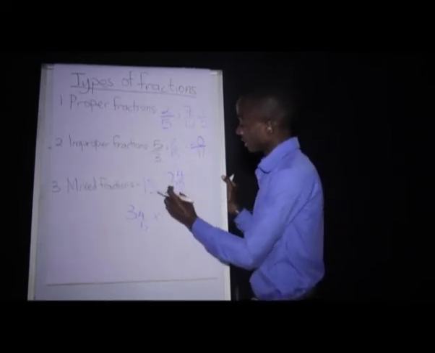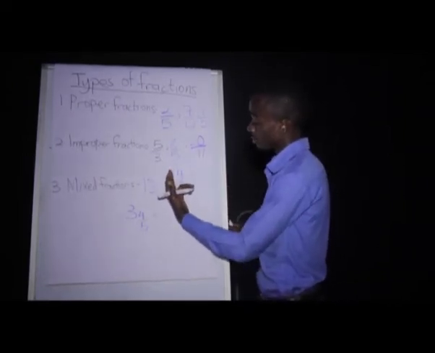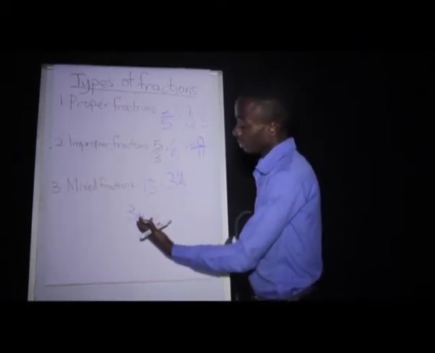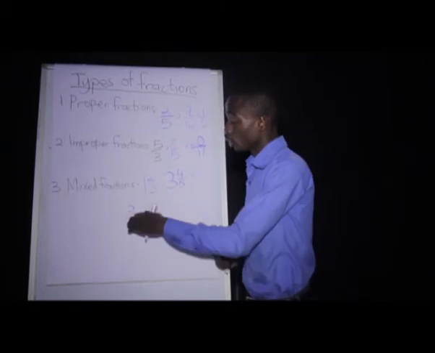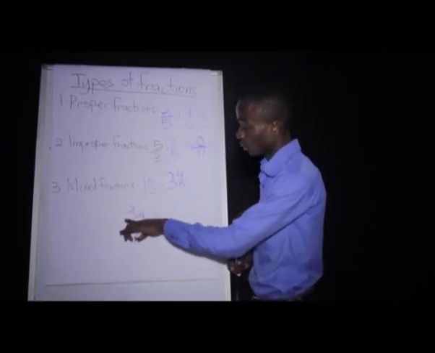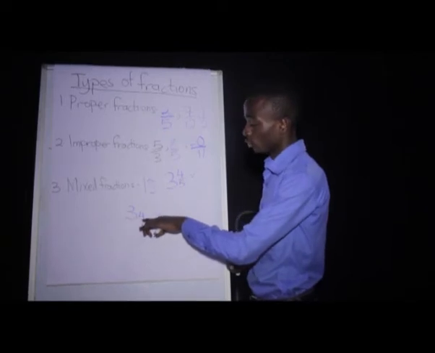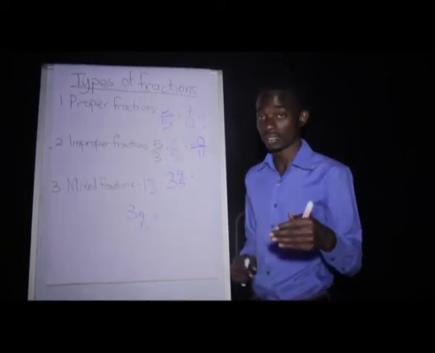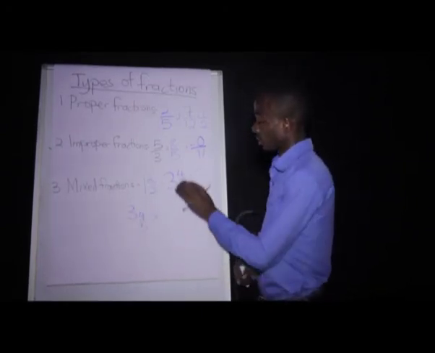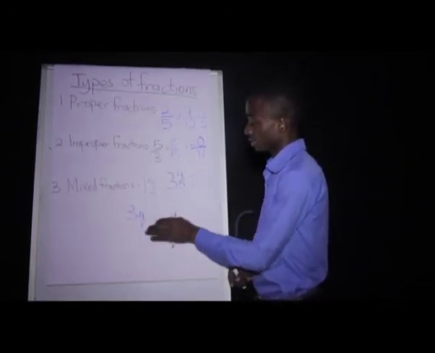You write it in such a way that the whole number is big, whereas these others are small. And the numerator of the proper fraction should not be at the same level as what you see here, because you can see that where the whole number stops is where also the numerator stops, which is not supposed to be the case. So you're supposed to write it in this format and not in this format. So this is the correct way to write, this is the wrong way to write.